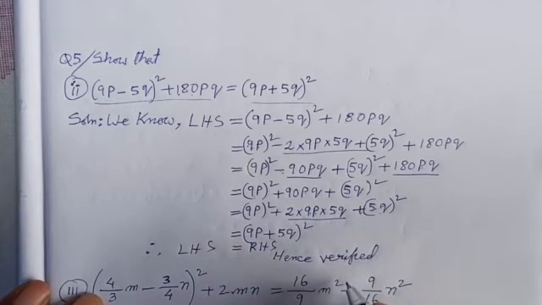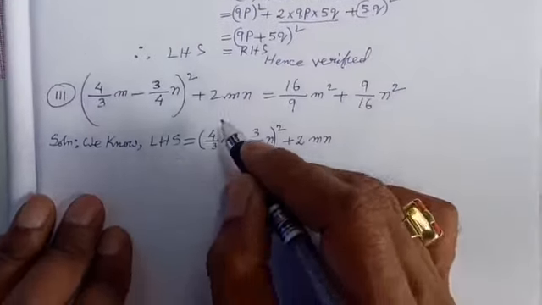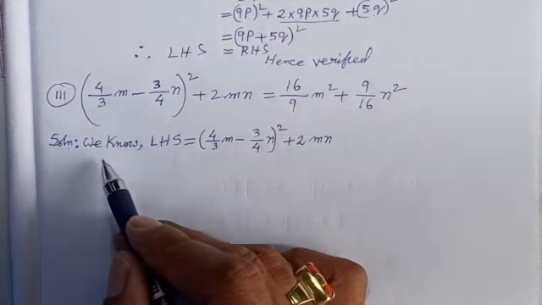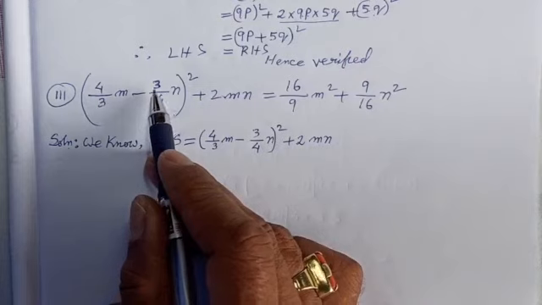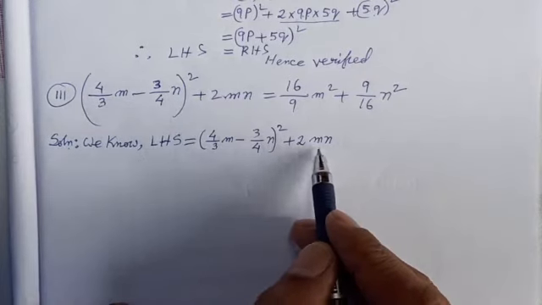Next, let's try Roman number 3. Solution. We know we are taking now the left hand side. Left hand side is this, 4 by 3m minus 3 by 4n whole square plus 2mn. Now next steps.